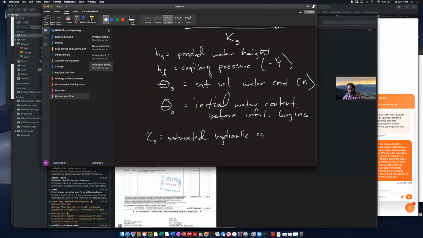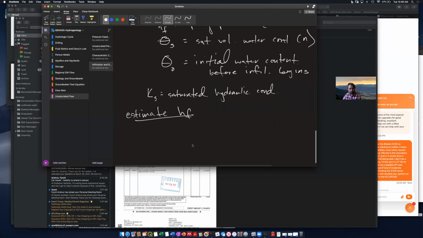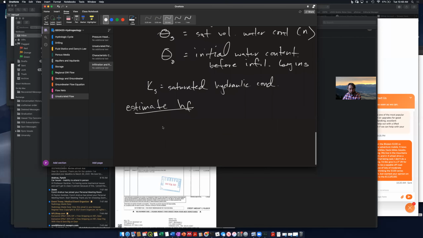All right. Now we need to estimate H sub F, my capillary pressure at the wetting front. And we can do that using the Brooks-Corey equation: 2 plus 3 lambda times psi b over 2, 1 plus 3 lambda.